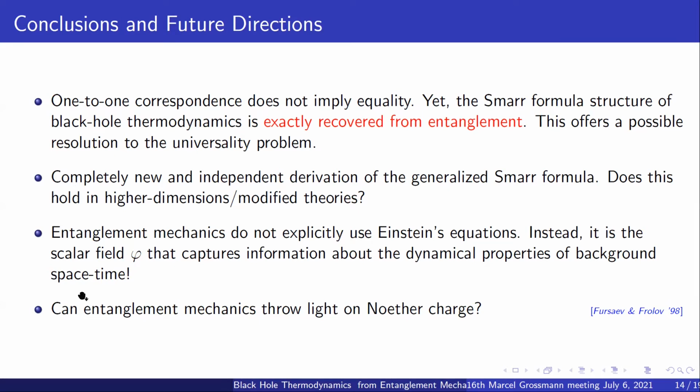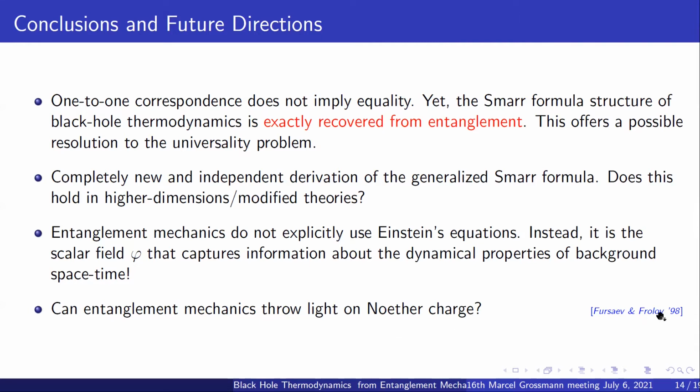And this is quite surprising, even though it was quite discussed before in literature here and there. For instance, Fursaev and Frolov in '98 had discussed the same thing in the context of Noether charge. So Wald had earlier shown that the Noether charge corresponding to diffeomorphism invariance of the spacetime was actually coinciding with black hole entropy.